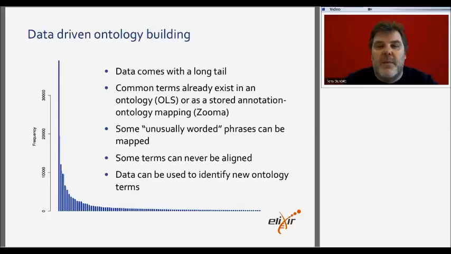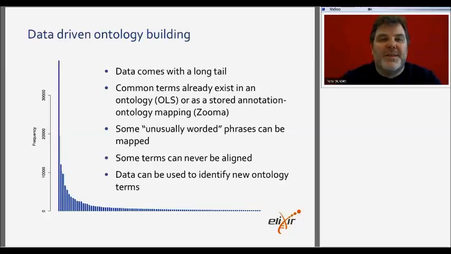You will see at the top end of this graph all of the time. Other things are much less frequently used or kind of unusually worded. So our challenge is to try and make sure we identify the terms that people use commonly, and we know how to annotate those without worrying about the last 20 or 30% of the tail, which is things that have only ever been used once in one niche experiment.